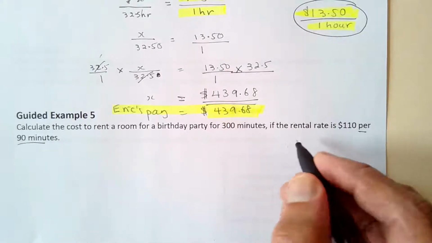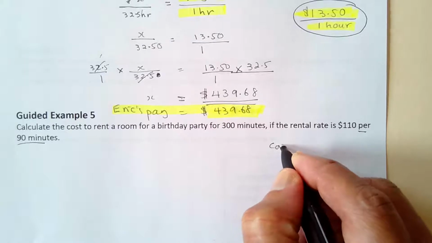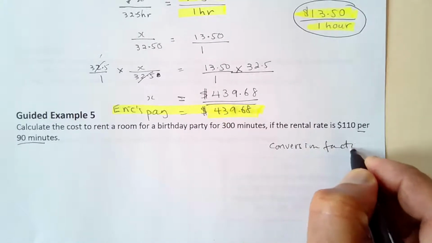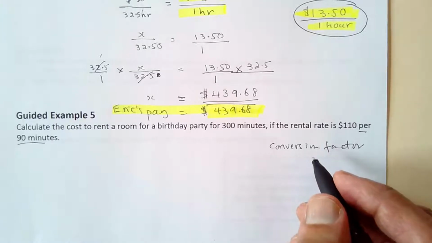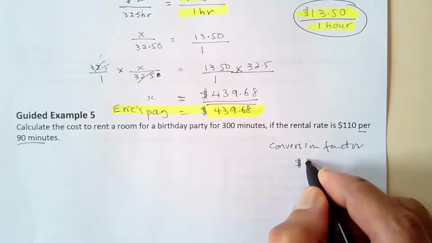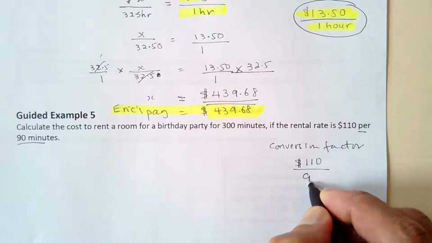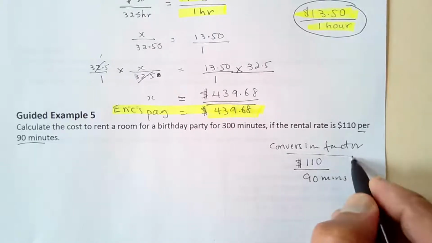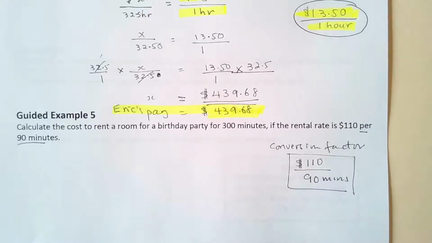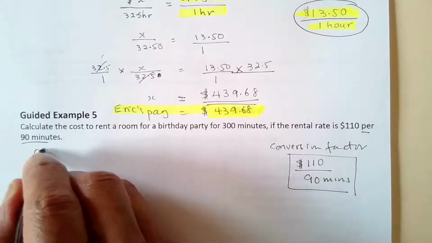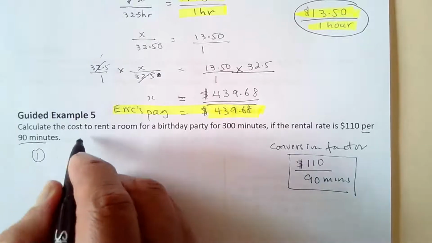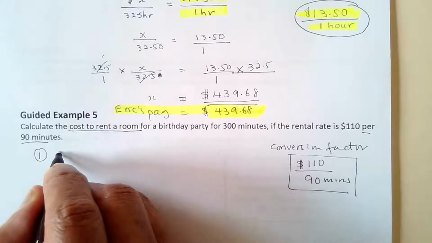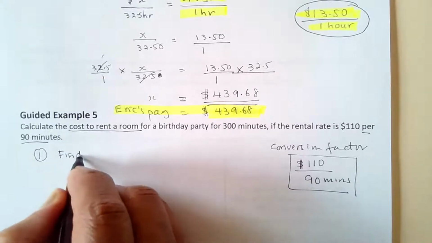So the conversion factor here is $110 per 90 minutes. So let's find the cost to rent a room. The first step, find the conversion factor.